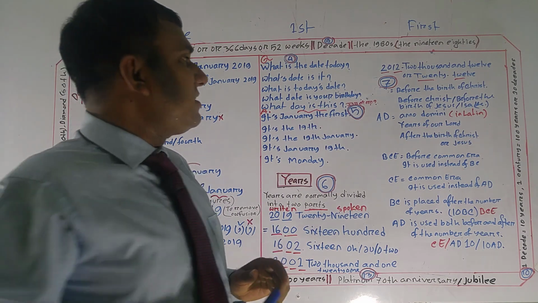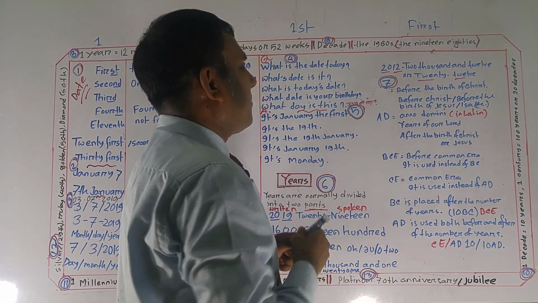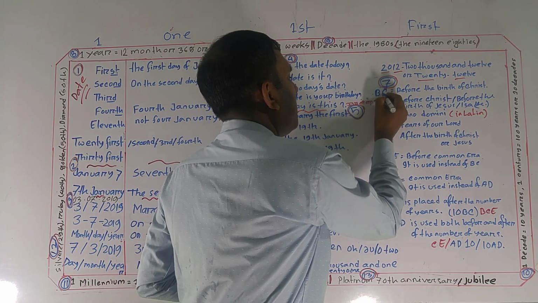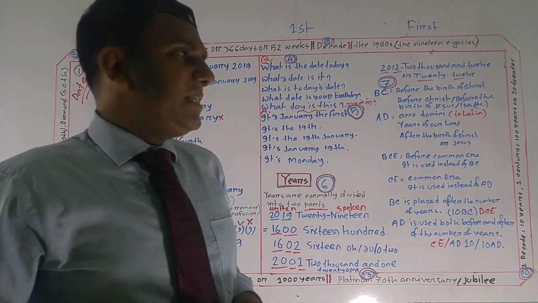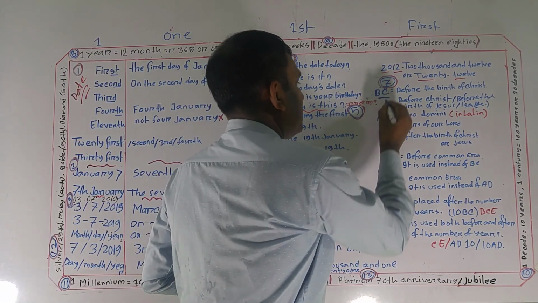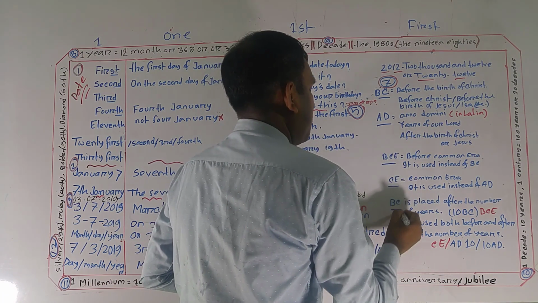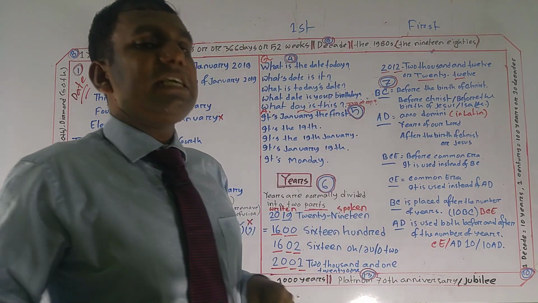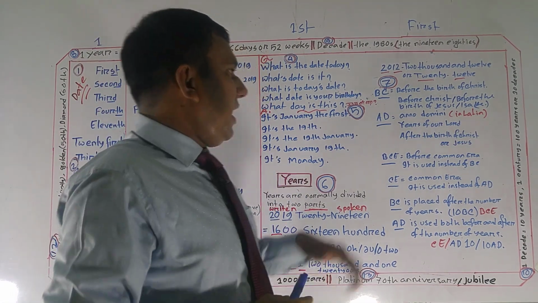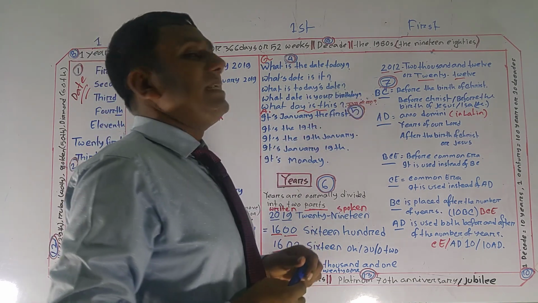Now we are moving to the 7 number part. Here you will find BC. Sometimes you find these types of words, sometimes these types of abbreviations. This abbreviation is used when reading foreign English books. What is BC?